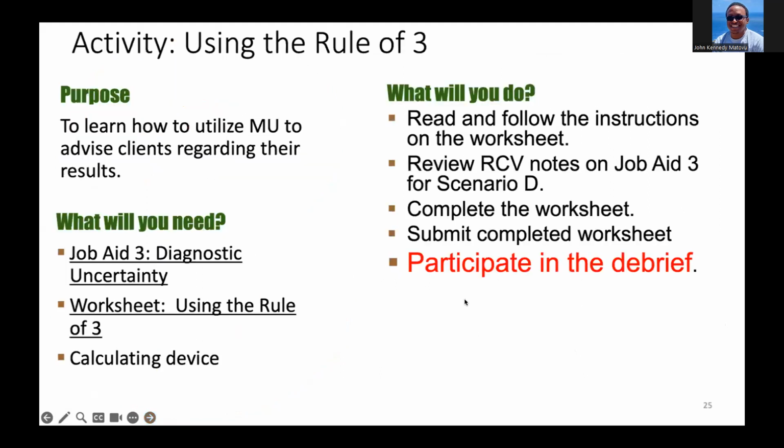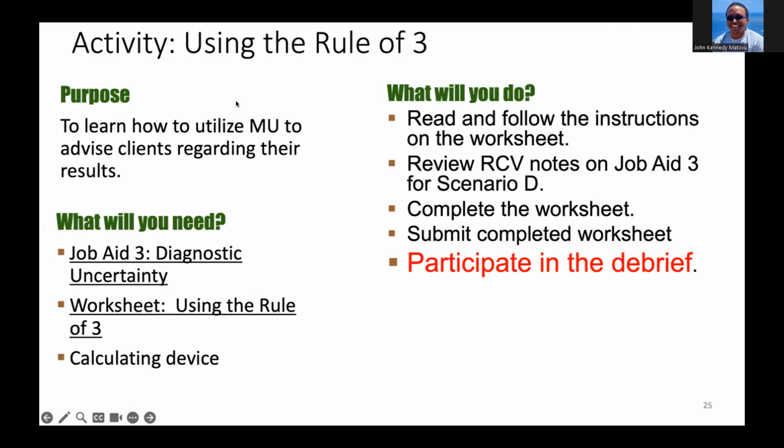So in our last homework, our last activity, we looked at how to use the rule of 3. The purpose was, again, to utilize MU to advise clients regarding their results. You had job A3, which was diagnostic uncertainty, and a worksheet on using the rule of 3.